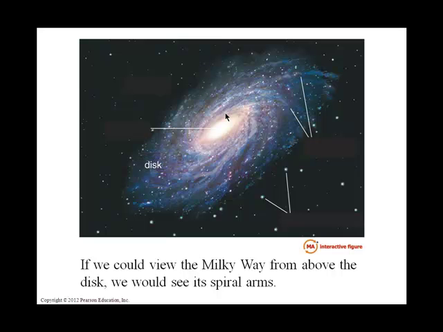So if we were to look at the Milky Way galaxy, now that was edge on, and this is more what we call face on spiral galaxies. And again, we understand more about what our galaxy looks like by looking at other galaxies, specifically other spiral galaxies. So there's the disk component, and the spiral galaxies have these spiral arms, and the spiral arms are highlighted by relatively bright stars.